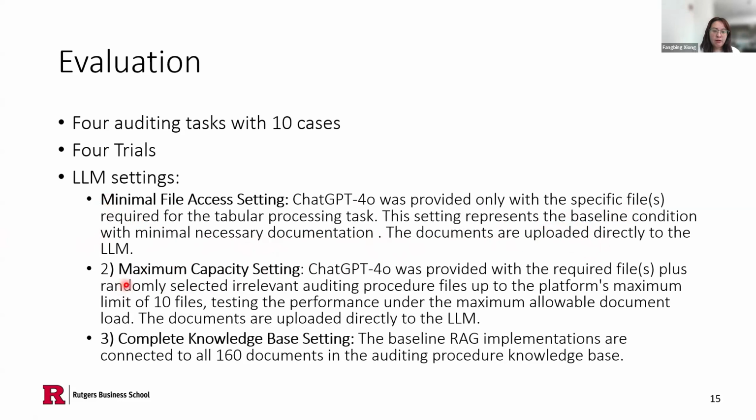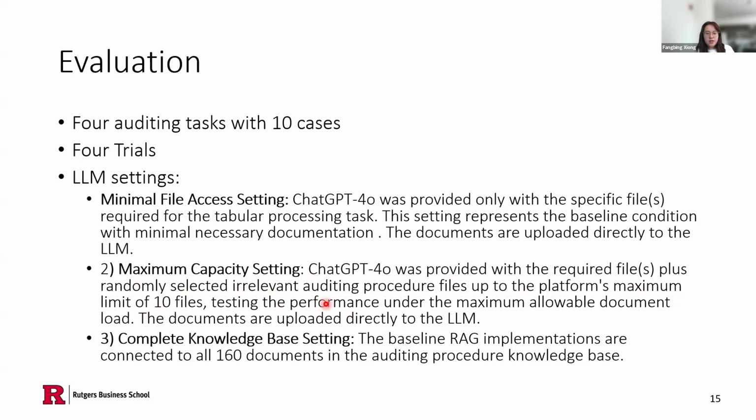And we have our second setting, the maximal capacity setting, where we also use GPT-4o with a membership. But this time we randomly select some irrelevant auditing procedure files and upload them to the platform, with a maximum limit of 10 files together with a required file.